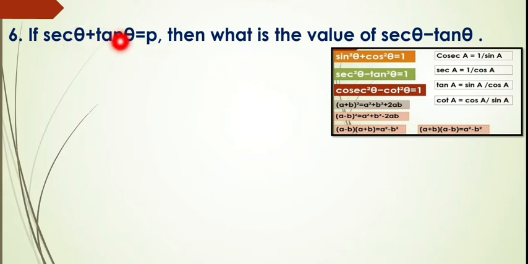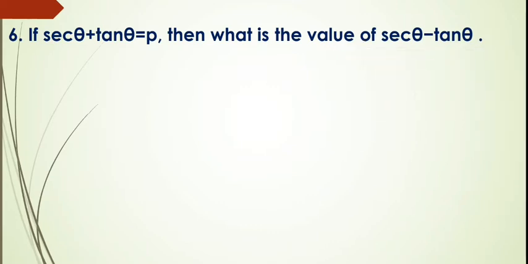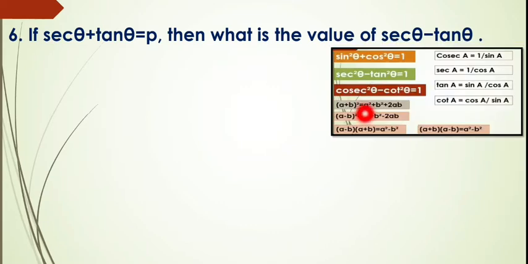Sec θ + tan θ is given, sec θ − tan θ is asked. So a + b is given, a − b is asked. Somewhat it matches with the algebraic identity a² − b². Here a means sec θ, b means tan θ. So a² − b² means sec² θ − tan² θ, that is 1.